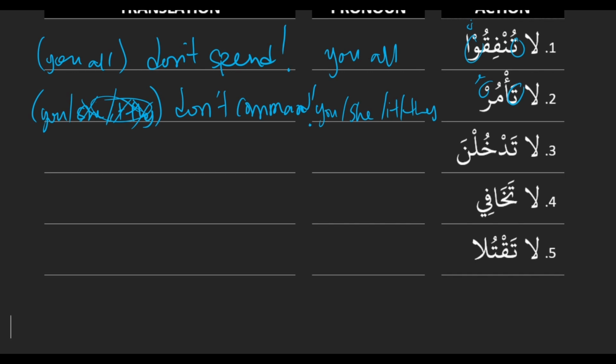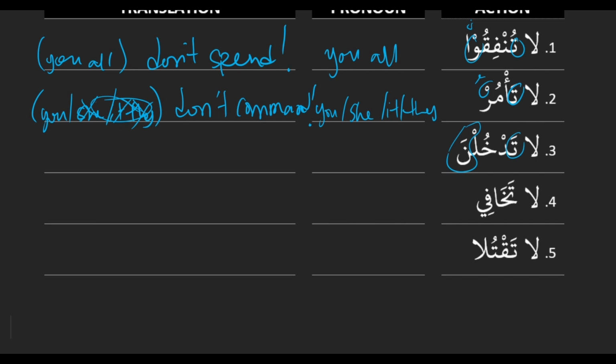Okay, لا تدخلن. So sukun and na is a feminine you all. But it looks the same whether it's normal or bald, right? So how do we know this is bald? Just because it has a la before it? We'll actually look at this next lesson.